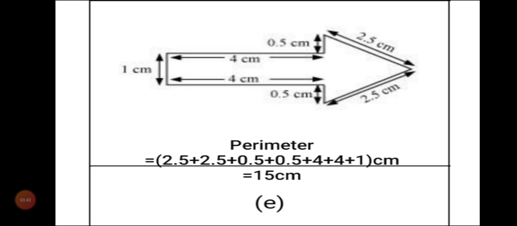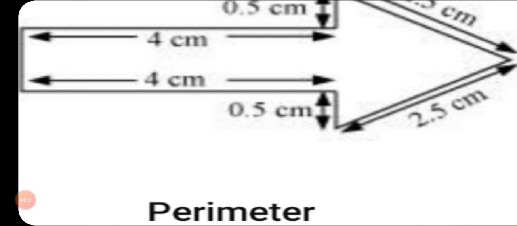Similarly, part E is there. The figure is given in the shape of an arrow, in which the length of all the turns of this arrow is given. If we start from the sharp edge, we have 2.5, then another edge 2.5, then 0.5 on the top side and 0.5 on the bottom side, as you can see in this figure.